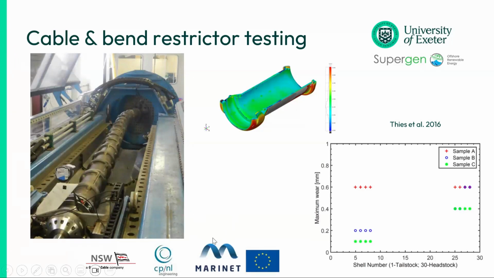And you can see comparing the tailstock and the headstock. Overall there's an average wear here, but the higher wear is near the headstock, as you'd expect. That's where the motion is. But you can see quite a difference between the different suppliers as well. So you'd probably go for supplier C in this case, which has the smallest wear.